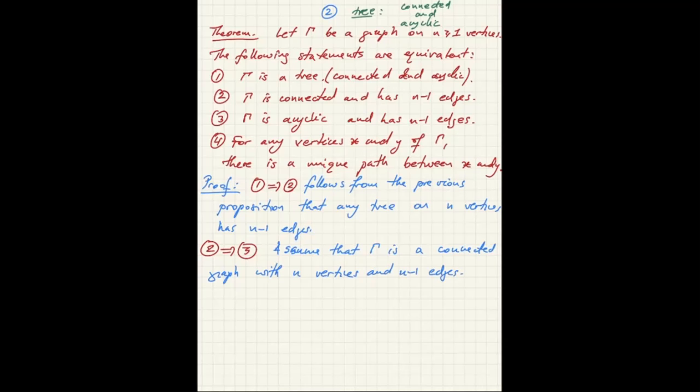And we want to prove that gamma is acyclic. So you can go by contradiction. Let's assume that gamma contains some cycle.